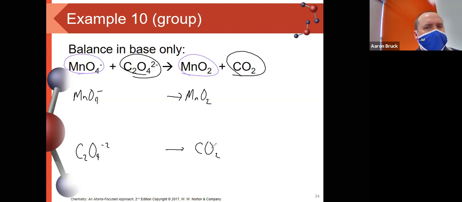Now, the half reaction method can be broken down into these steps, and I'll type them instead of writing them. That'll make it a little bit easier to read.